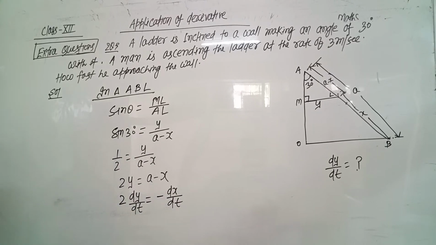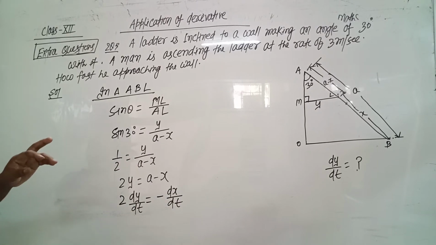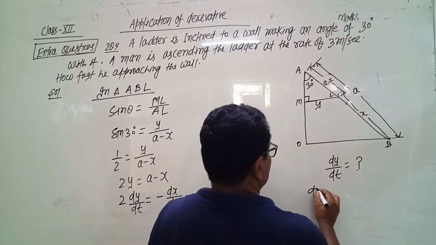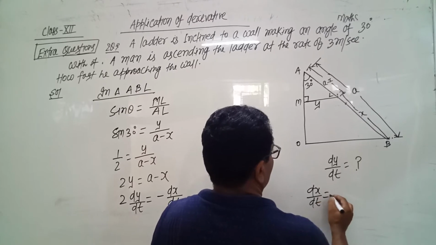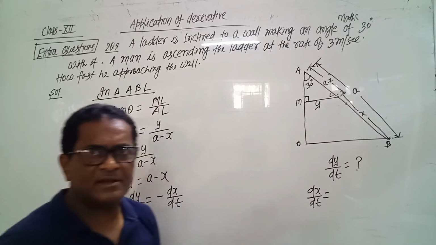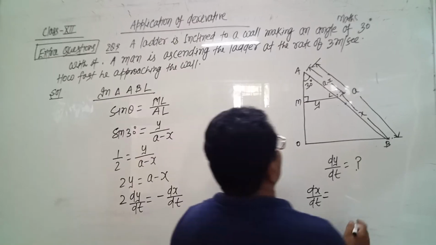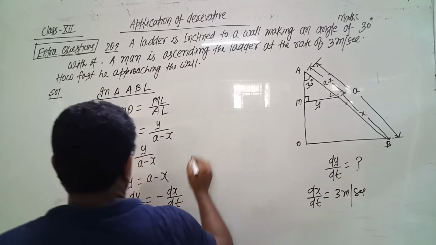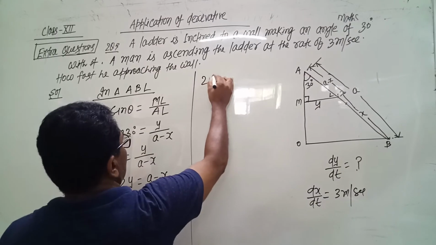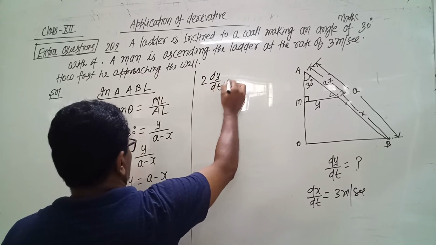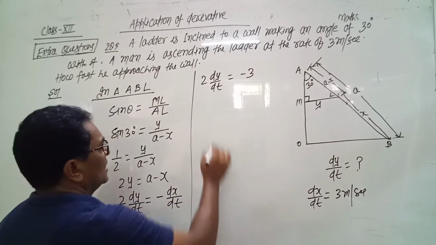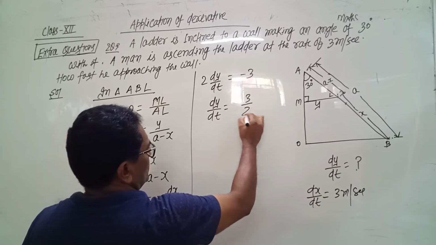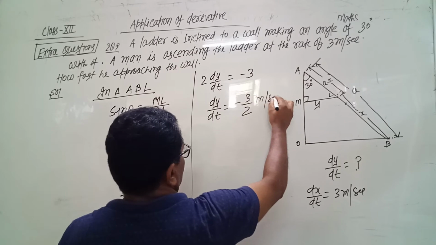Now it is given that a man is ascending the ladder at the rate of 3 meters per second, which means dx by dt is 3 meters per second. So put the value of dx by dt, then 2 dy by dt equals minus 3, and dy by dt is minus 3 by 2 meters per second.